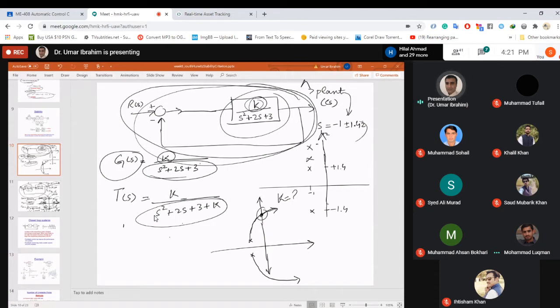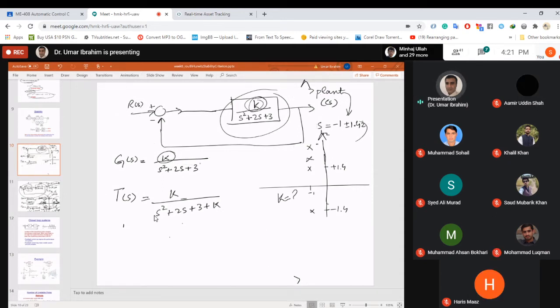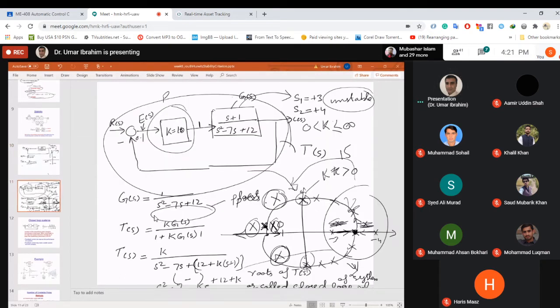Or actually you do not know root locus. I drew it in front of you. Can you tell whether any value of K will make this system stable?